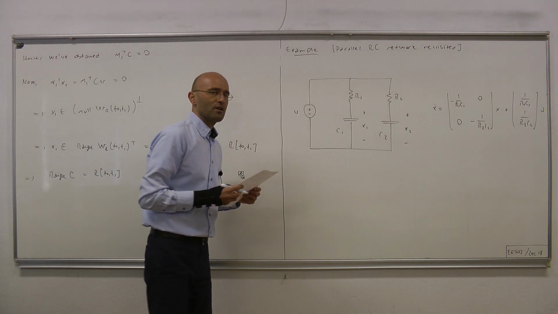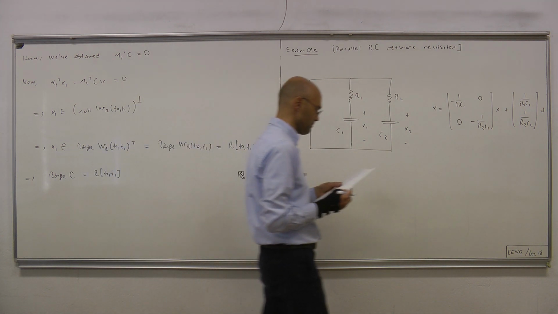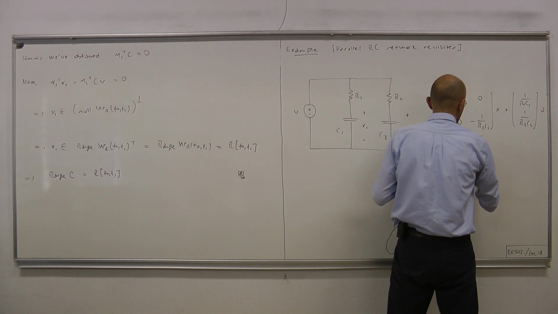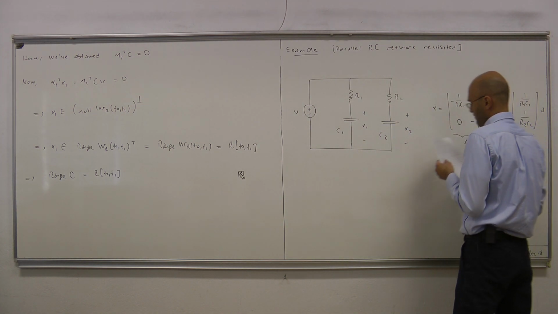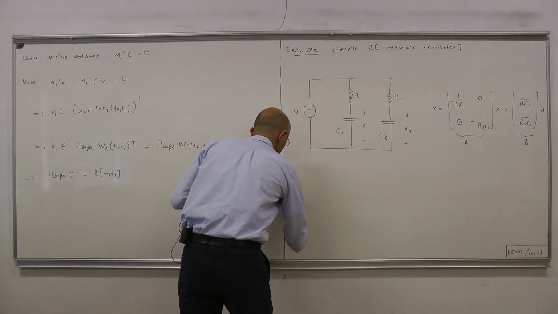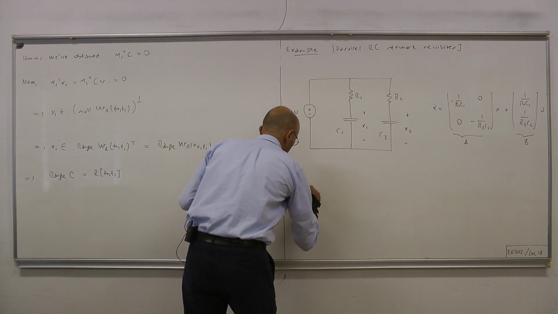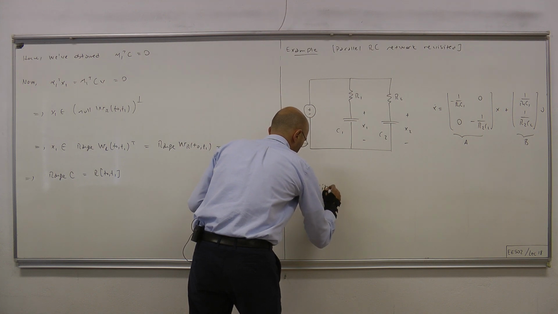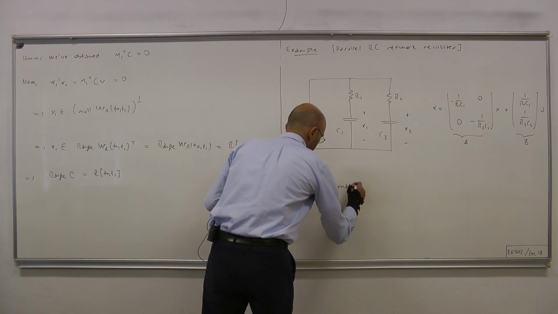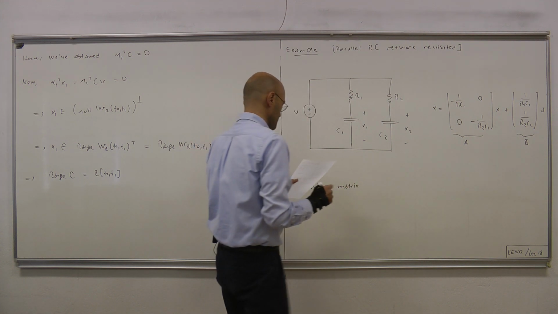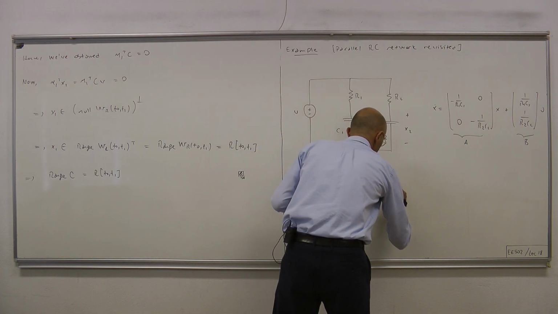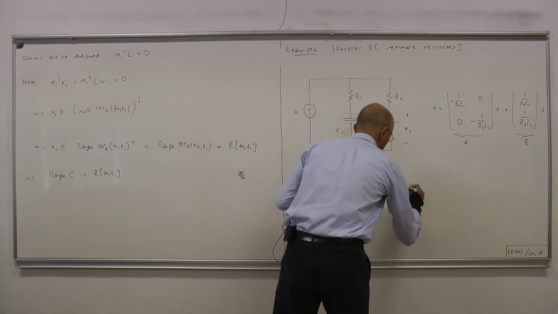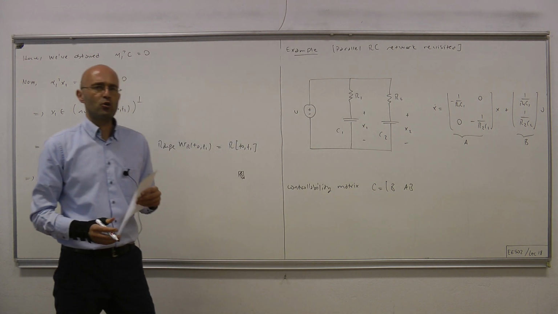So let's construct the controllability matrix for the system. This is our A, this is our B. The controllability matrix C is B, AB, A squared B, A cubed B, and so on.